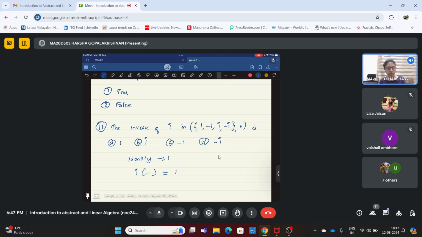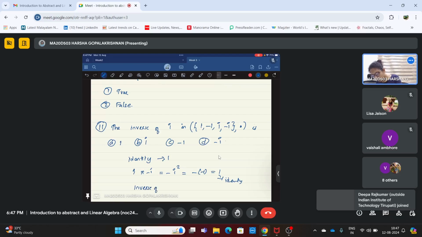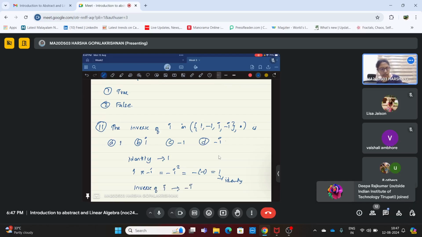So i into minus i is minus i square, and since i square is minus 1, it is 1. So this is our identity. So the inverse of i is minus i. Many of you have told that. Very good.